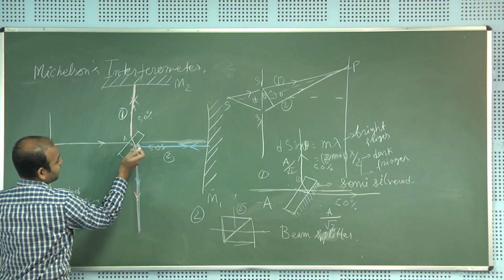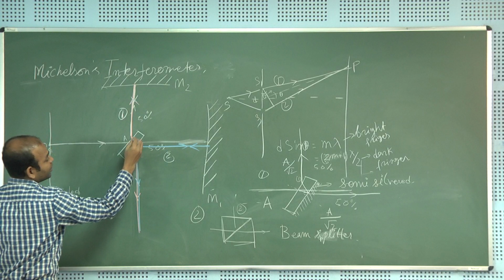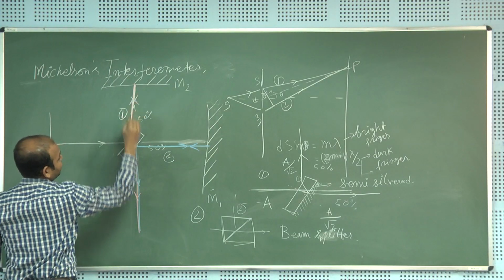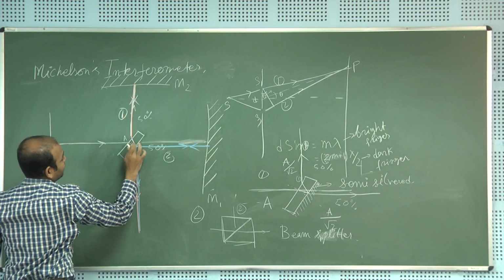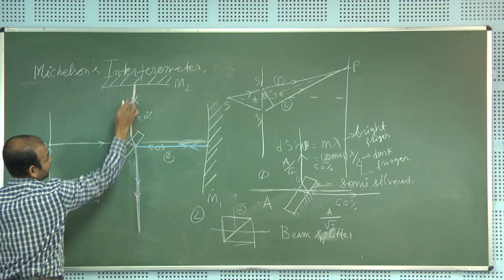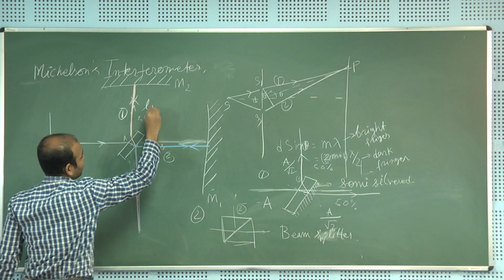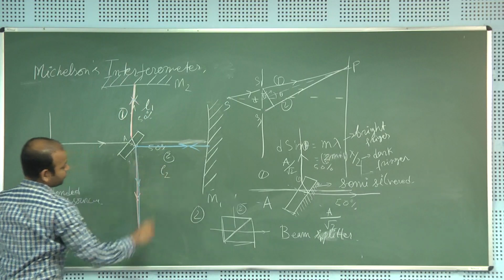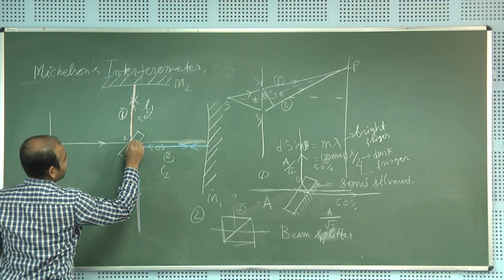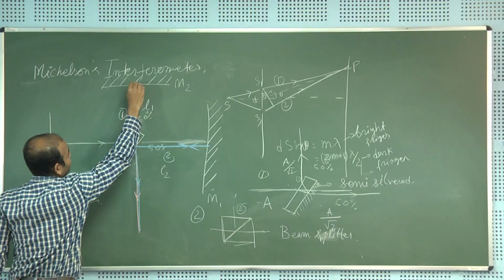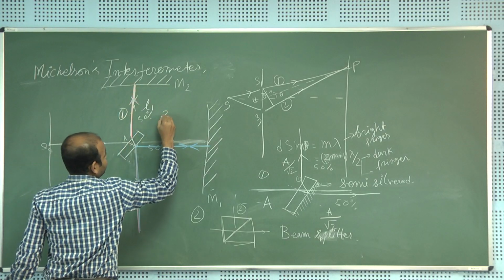then from there you can control it by putting a separation from this point to this point. Let us say from the center of this beam splitter to this point is L1, and you put the other at L2. The light from here will come here and then get reflected, so it would be twice L1.